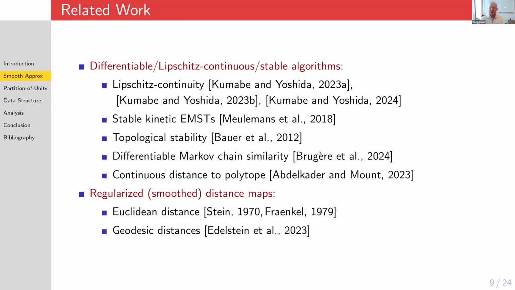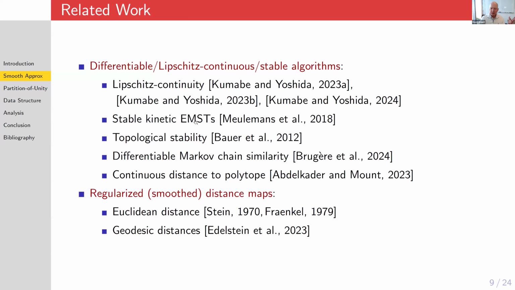But at least within the theory and computational geometry world, there have been a number of people who've studied the issue of differentiability, or Lipschitz continuity, or stability, however you want to describe it, in various forms. There have been a number of works on Lipschitz continuity for graph problems and covering problems, problems you would think of as purely discrete, like minimum spanning trees in graphs.